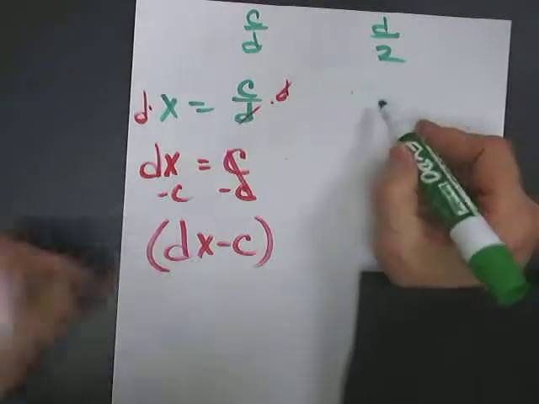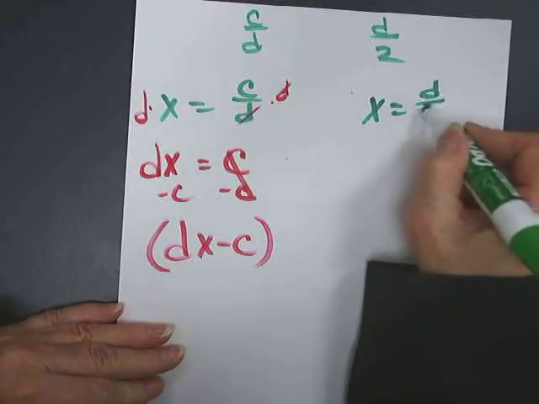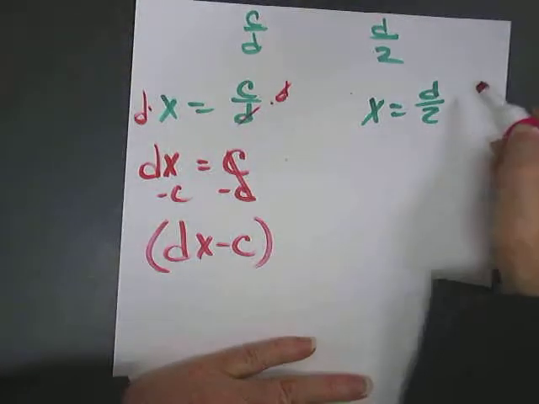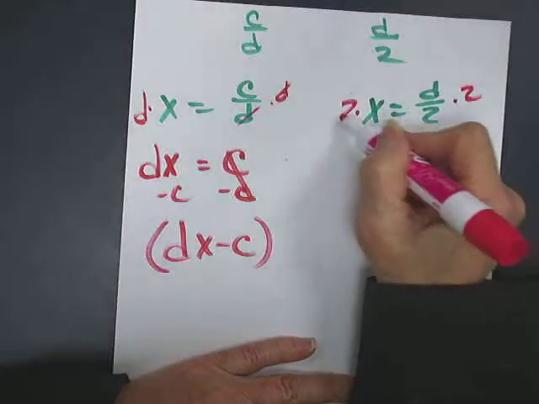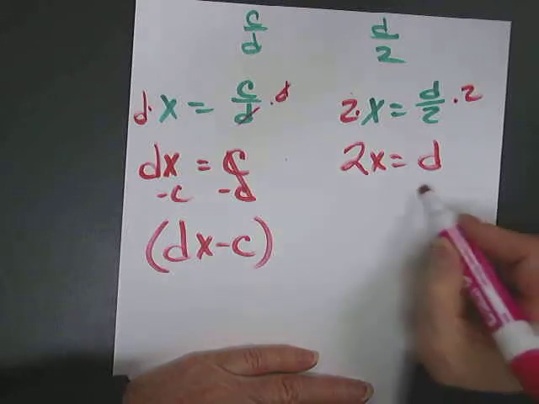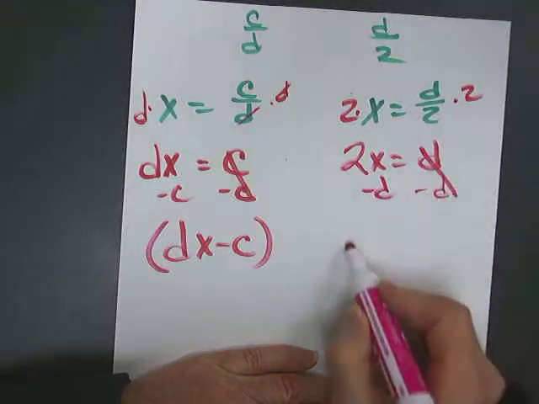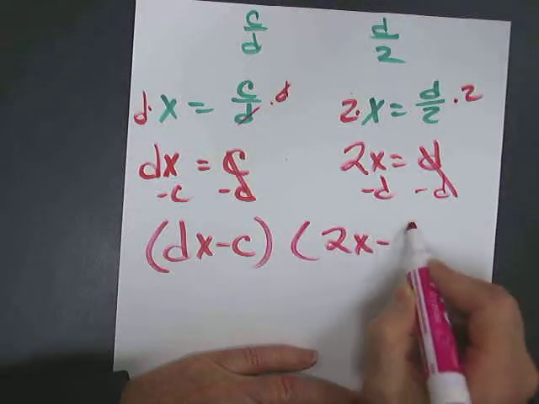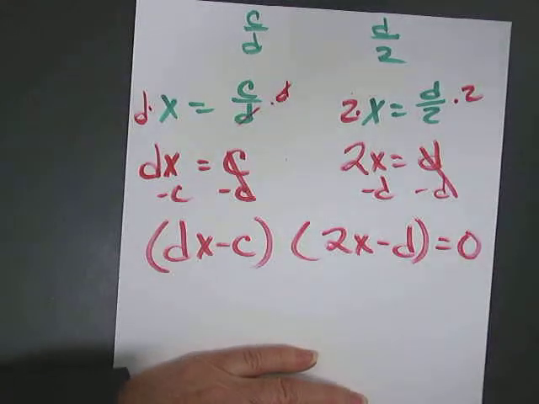First thing you're going to do is multiply by d. So we have dx equals c, minus c. So dx minus c is your first factor.